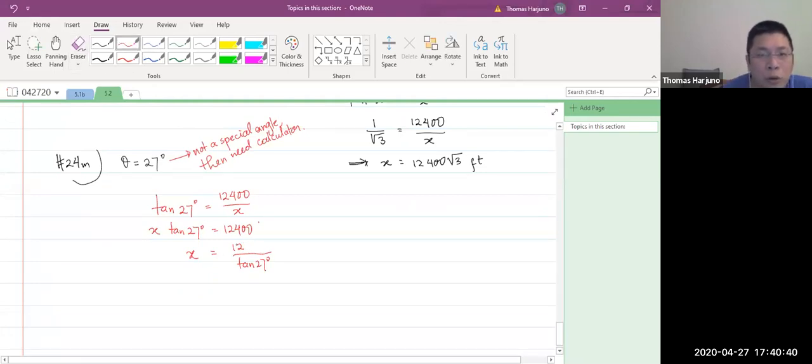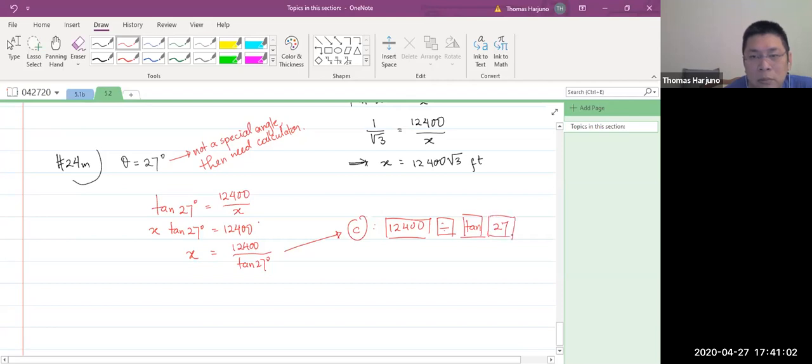When you use your calculator, I assume a scientific calculator, the way you punch this on your calculator will be: you punch that 12,400 first, and then divide by tangent 27. Now I want you to use your calculator and see what the result is.